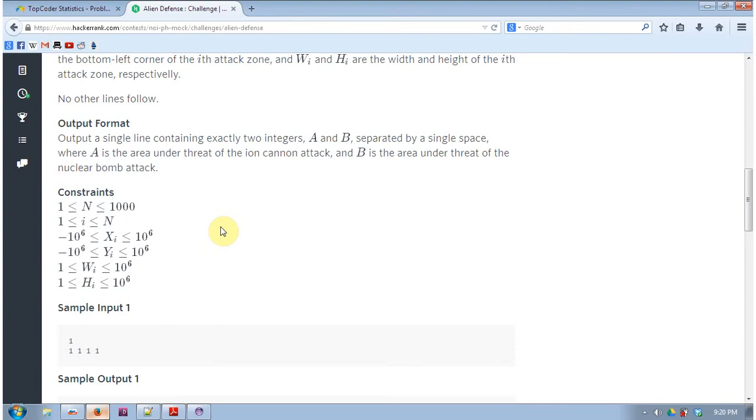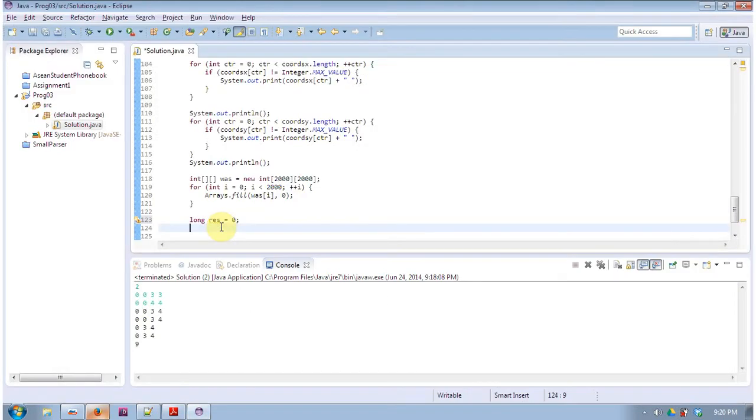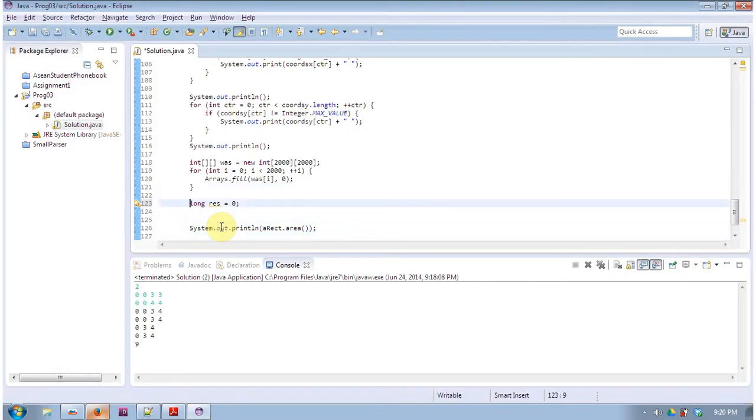That's right, 1 million by 1 million. Okay, so first we have an array for int k is equal to 0, k is less than n.